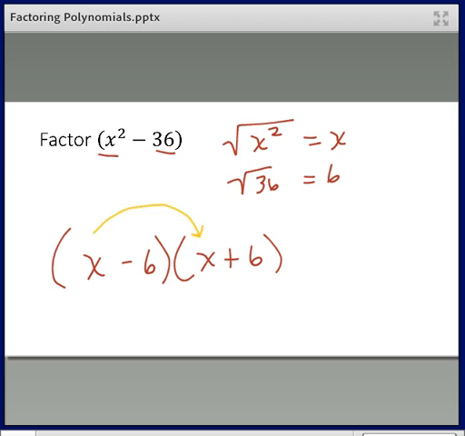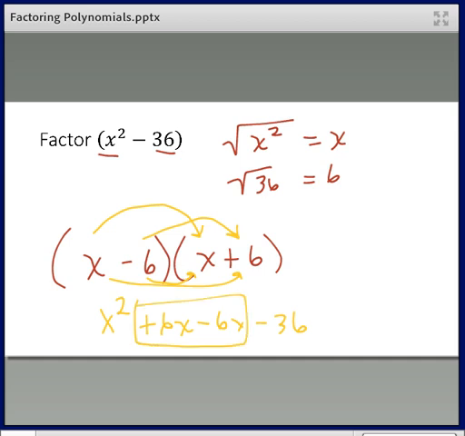And again, if we check, this will be the last time I check on these because I know these work. X times x, x squared, x times 6 plus 6x, negative 6 times x, negative 6x, negative 6 times positive 6, negative 36. What happens in all of these every time is those two things cancel out.